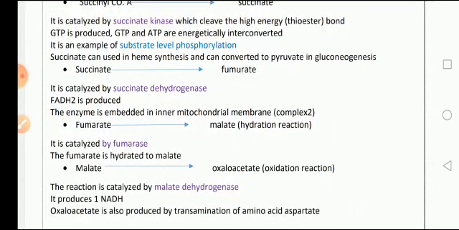Finally, after reaching succinate, this succinate is going to be oxidized into fumarate. Oxidized means that it would lose hydrogen. Here, our hydrogen acceptor is FAD, and so reduced FAD is our product here.